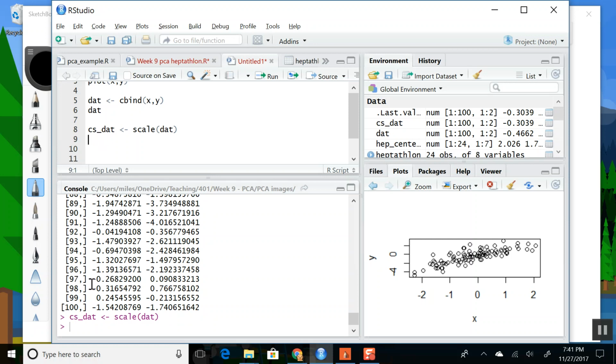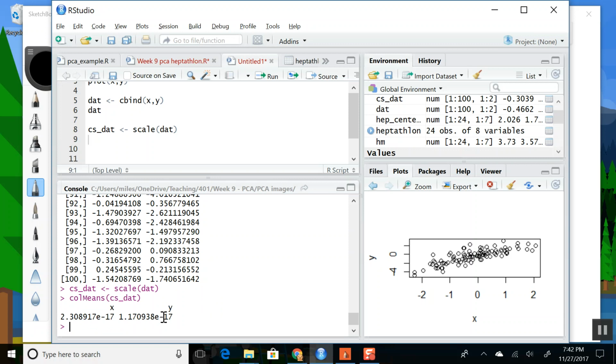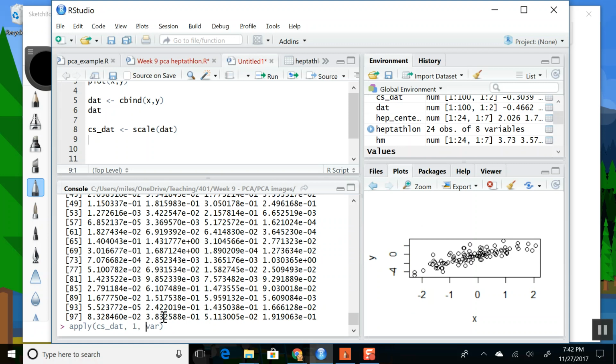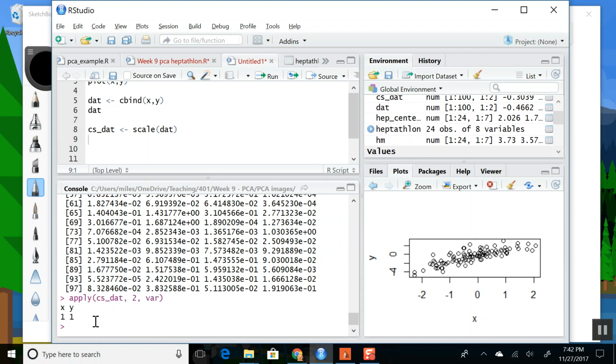So if I do column means of the centered and scaled data, we get basically 0 for each one. And if I apply to CS data the variance, we get a variance of 1 for both of those columns.